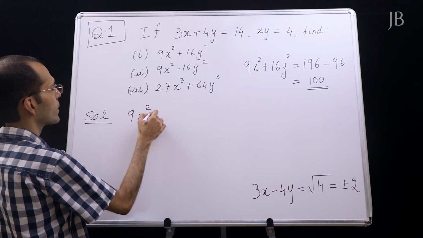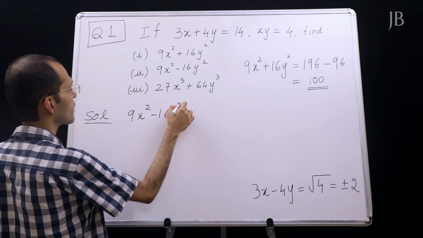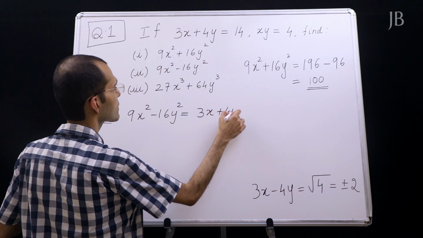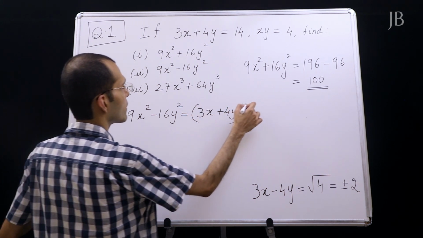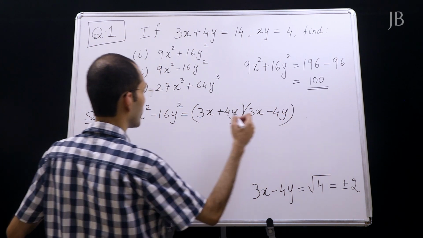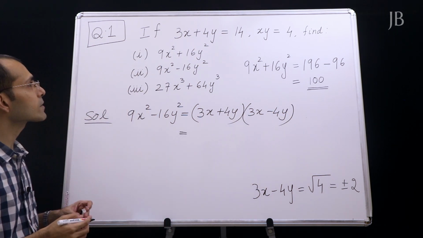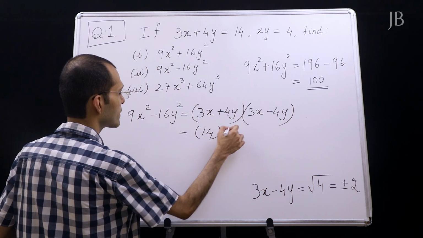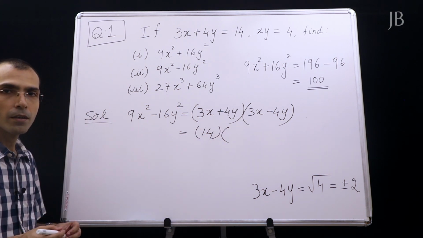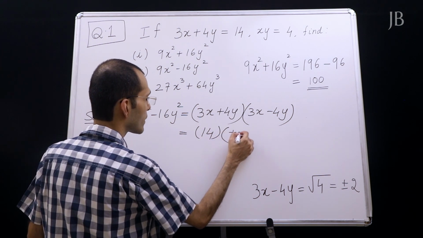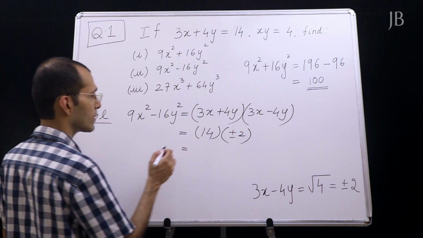So 9x square minus 16y square will be 3x plus 4y into 3x minus 4y. Now what is 3x plus 4y? 14, already given. What is 3x minus 4y? We just now found out to be plus or minus 2. So we will write plus or minus 2.